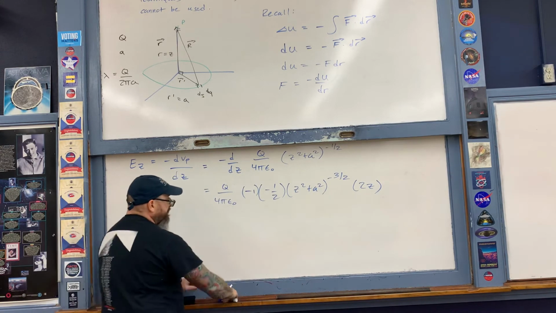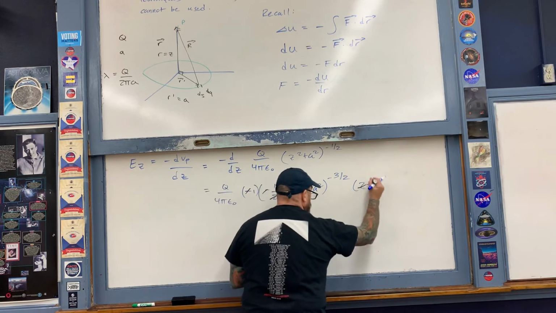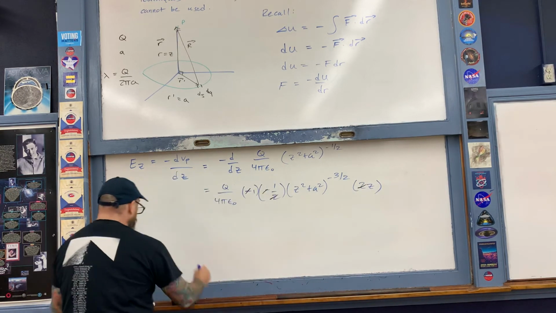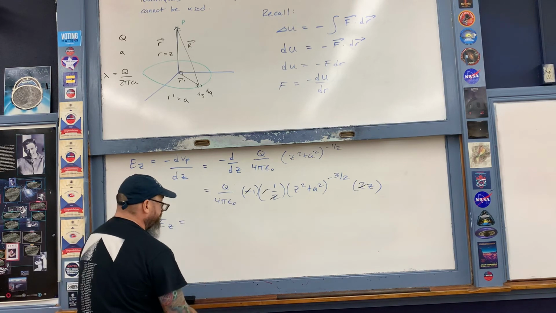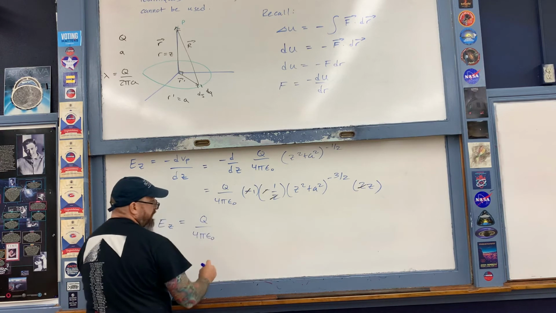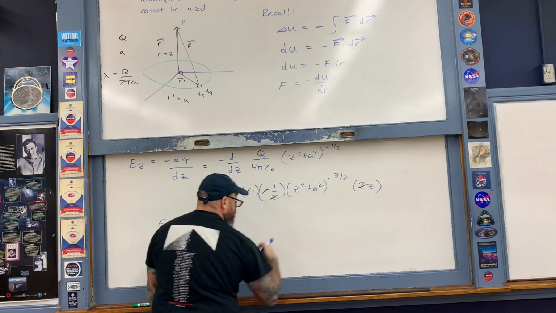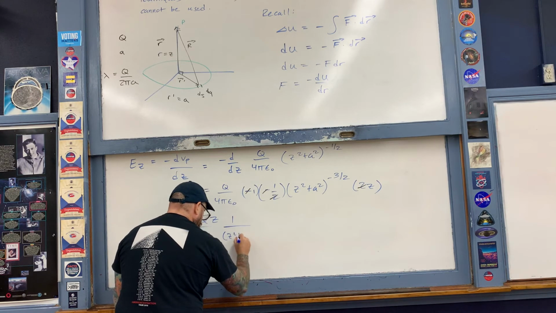Let's go ahead and simplify. Cancel out the negative signs. Cancel out 2, like so. And then therefore, the electric field at point P in terms of the z direction is now the following. Q over 4 pi epsilon naught. And then we have here then 1 over this quantity, times z rather. And then 1 over this quantity. There we go.